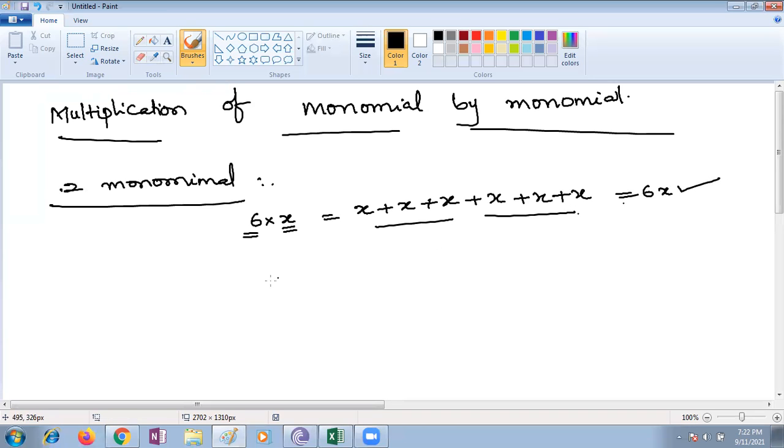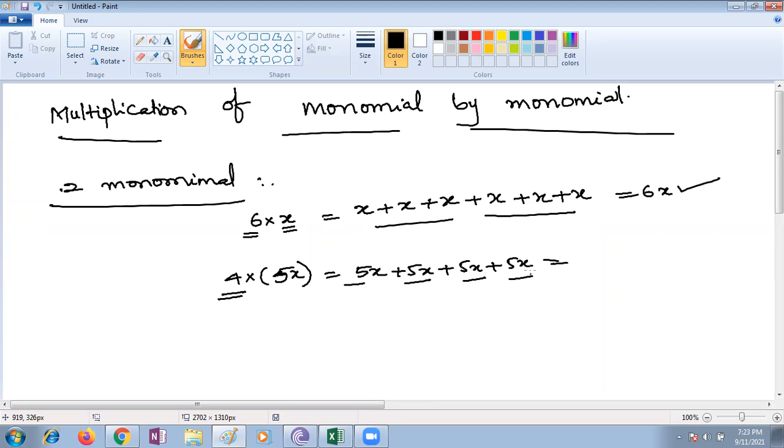The same way, suppose I want to multiply 4 into 5x. 4 into 5x, so that means 20x. 4 I am multiplying with 5x. 4 5s are 20. What are you supposed to write? 5x plus 5x plus 5x plus 5x. 4 times you are repeating. So you are getting 5x.